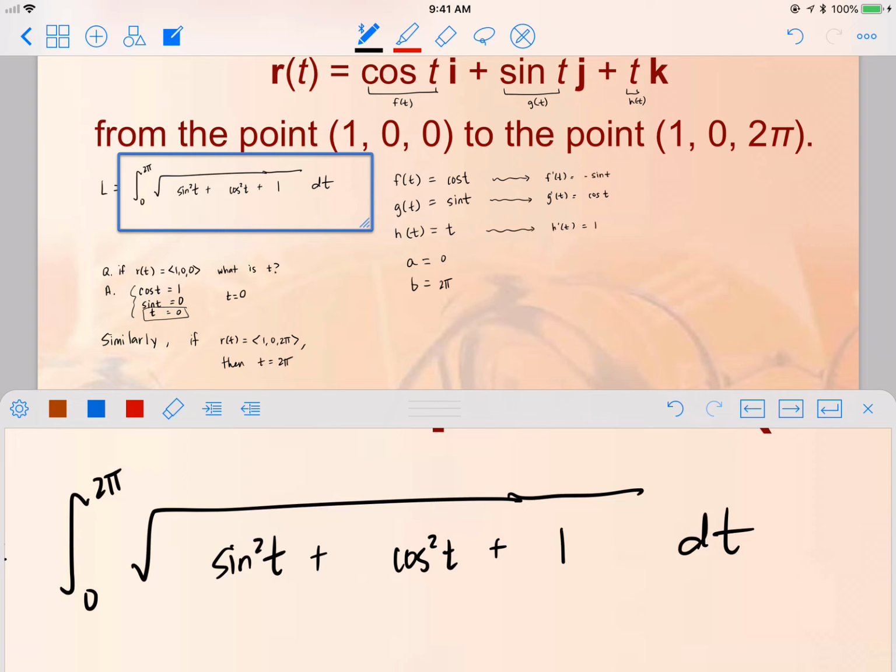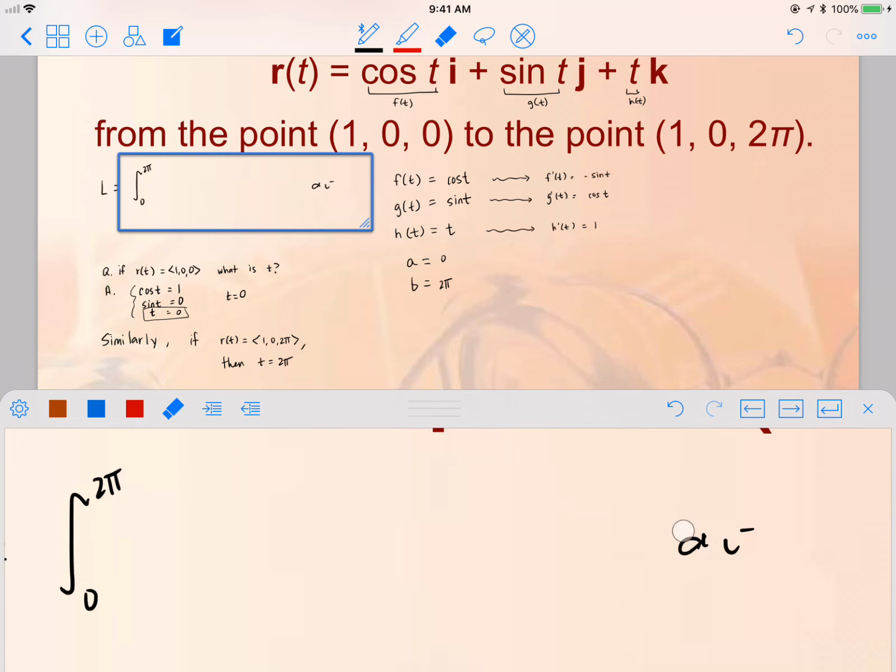Now, sine squared t plus cosine squared t equals 1 for all values of t, so we can replace that with 1. And 1 plus 1 equals 2, so the square root of 2. This is becoming embarrassingly easy. So now what we have is the square root of 2 dt.